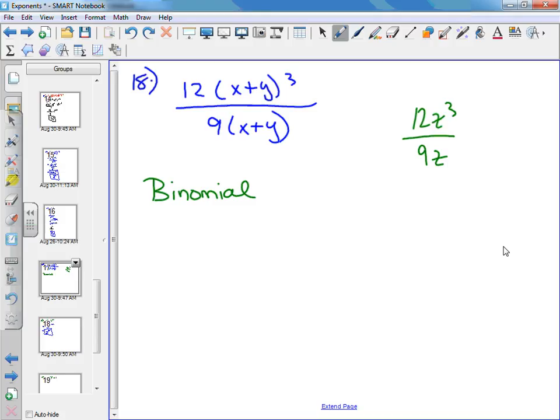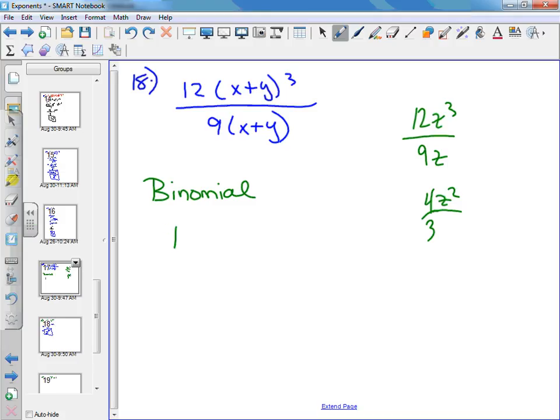Reduce. The 12 and the 9 would reduce to give you 4/3. And what would you do with your z? You cancel the bottom one out, or it would just be 4z squared, right? Over 3.